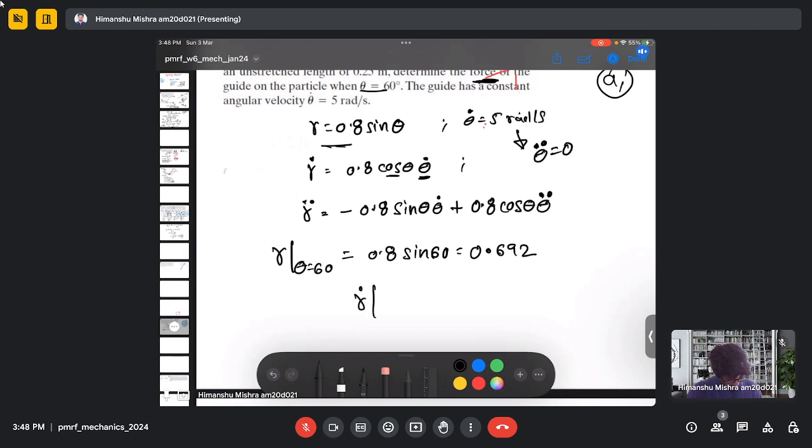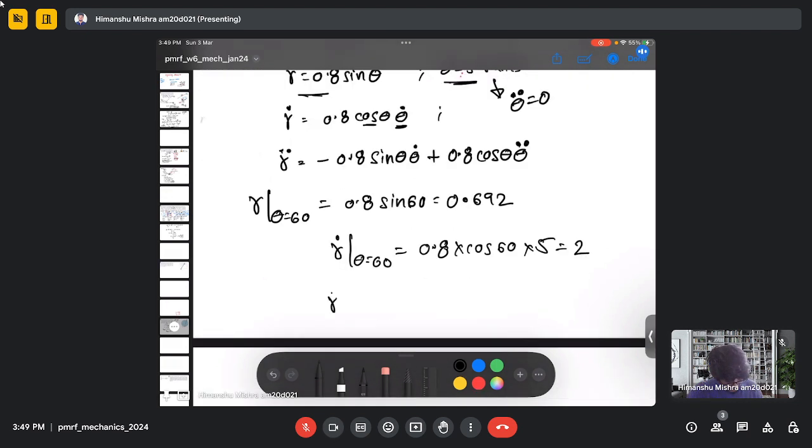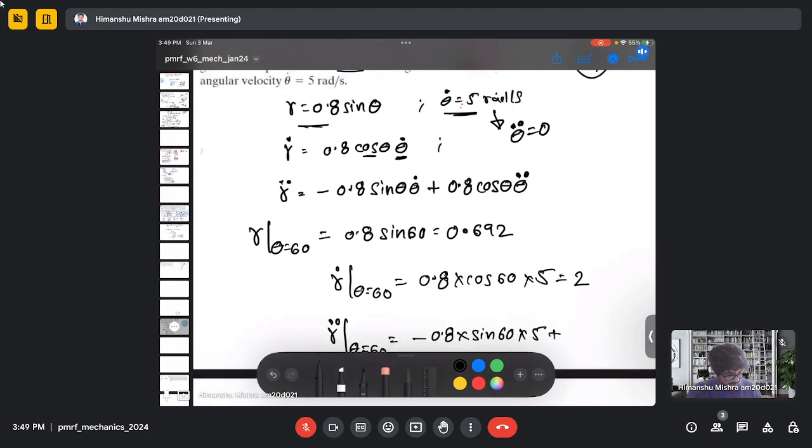My r dot at theta 60 will be 0.8 cos 60 times theta dot, which is 5, which is 2. My r double dot at theta equals 60 is minus 0.8 sin 60 times theta dot squared, with theta dot 5, and my theta double dot is 0, so that term will be 0.